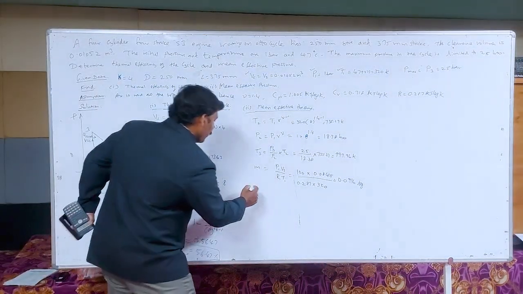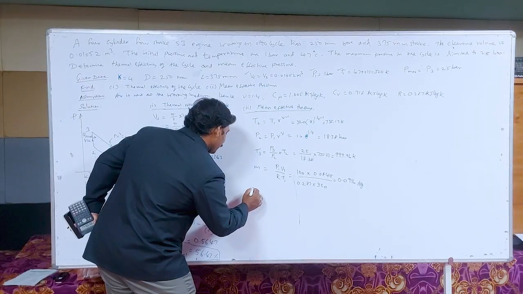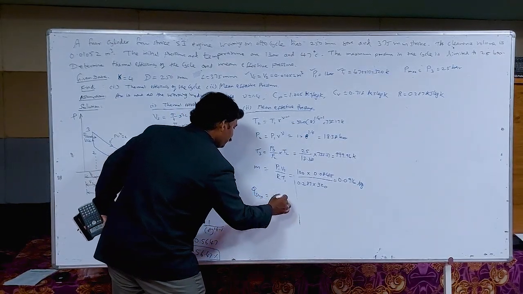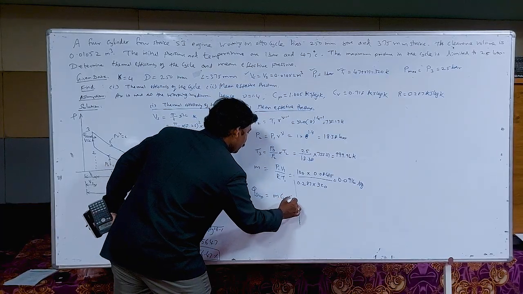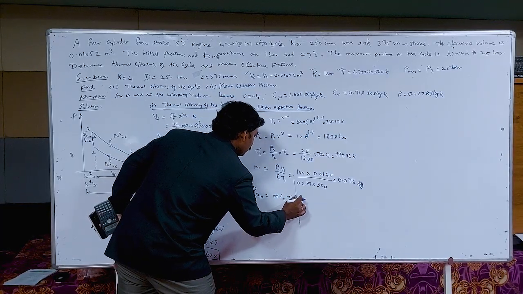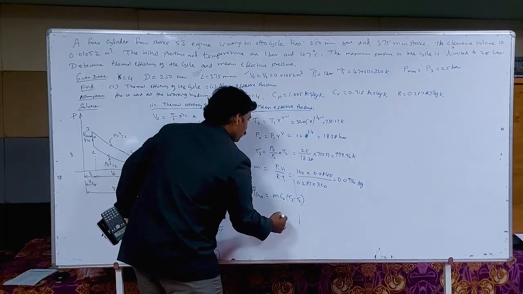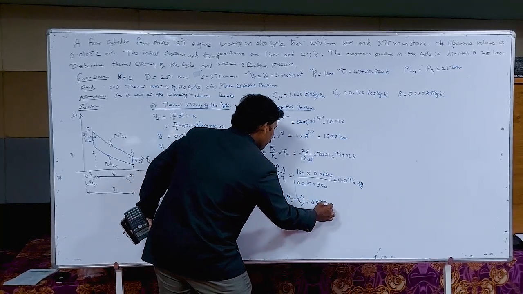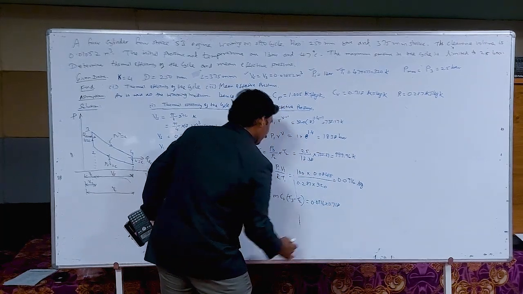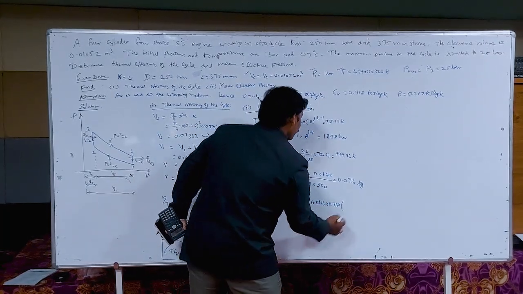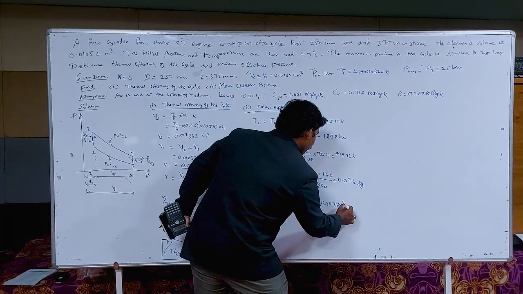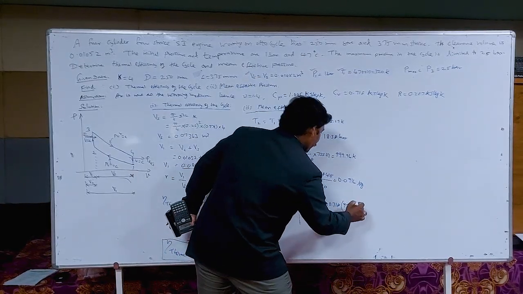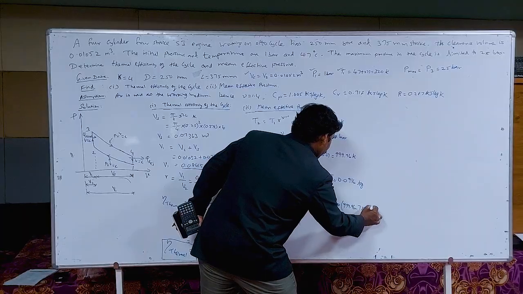Now what is the heat supplied? Heat supplied Q is equal to m into Cv into T3 minus T2. Mass we have found as 0.0916, Cv is 0.718 kilojoule per kilogram Kelvin, T3 we found as 999.96, and T2 is 735.17.